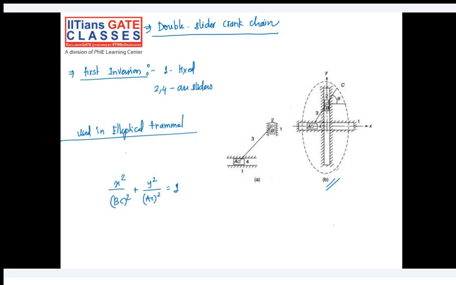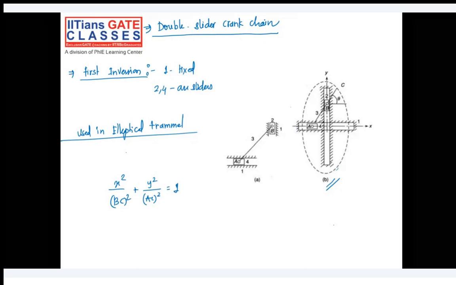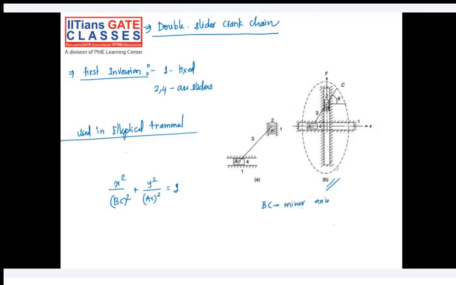Whenever we make AC equal to BC, with point C lying between A and B such that AC equals BC, then only will we get x square plus y square equal to AC square. This is the equation of a circle, and the other is the equation of an ellipse. So we can generate the ellipse and circle out of this.